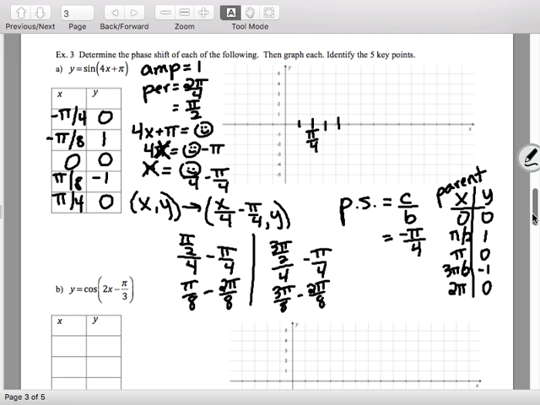Now 2 pi over 4 would be pi over 2. So that's negative pi over 4. So that's 0. This went up to 1, 0, negative 1, 0. So do you see, I've taken the sine curve and I've just moved it left pi over 4.